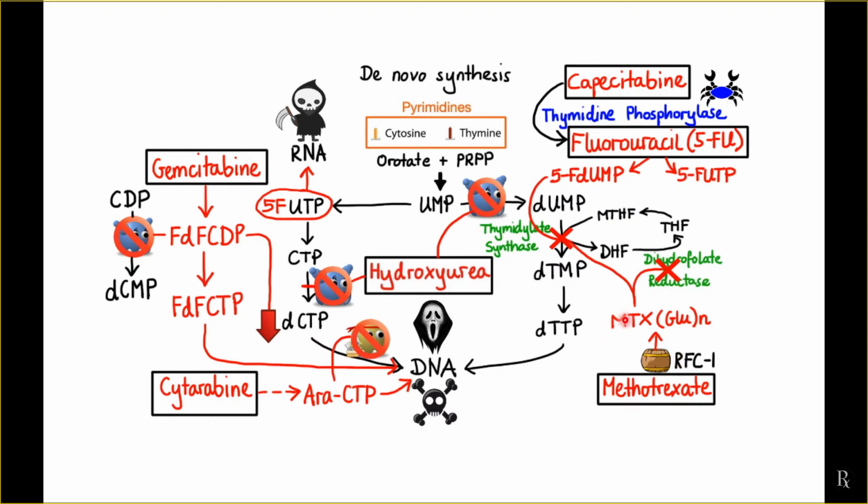Methotrexate is also a prodrug that will produce a polymer with the glutamate, and it will block the thymidylate synthase and dihydrofolate reductase. The first is required for the synthesis of deoxy TMP, and second, dihydrofolate reductase is required for the reduction of the dihydrofolate to the tetrahydrofolate, because the tetrahydrofolate is converted to the dihydrofolate during the reaction.